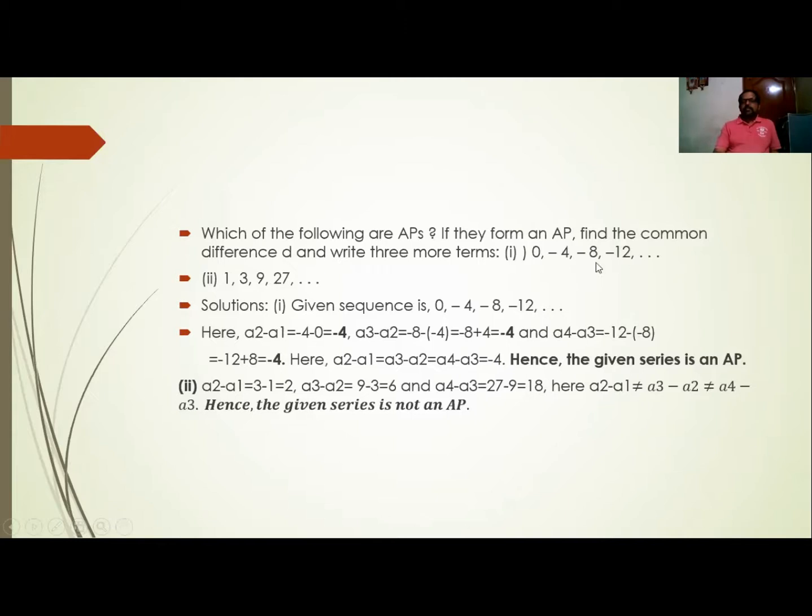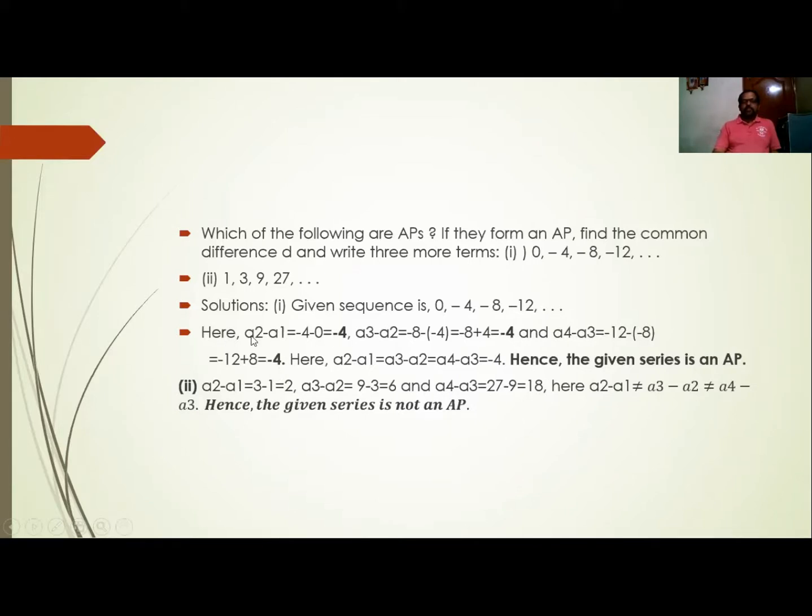Similarly A3 minus A2 is minus 8 minus of minus 4, which means minus 8 plus 4, so minus 4. And the third difference A4 minus A3, where A4 is minus 12 and A3 is minus 8, gives minus 12 minus of minus 8, which means minus 12 plus 8, equal to minus 4 again.